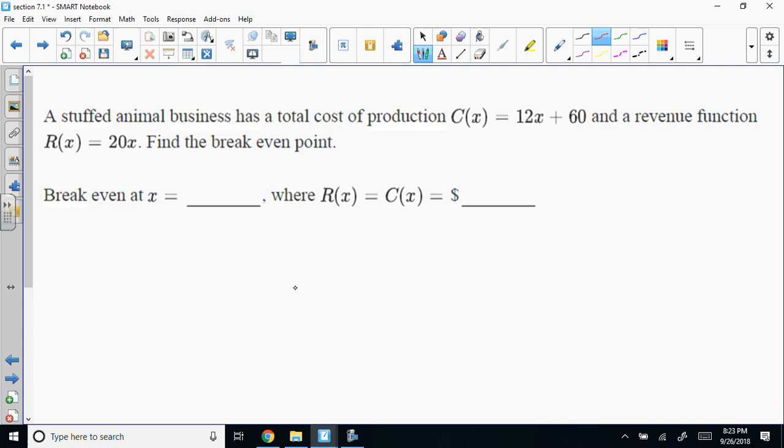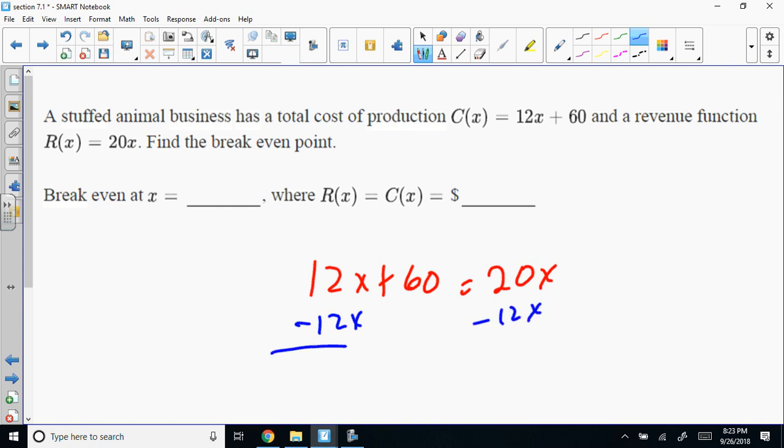So, yeah, we're just going to put 12X plus 60 equal to 20X, right? And, of course, we move that baby over. So 60 equals what? 8X? All right. 8 didn't go into 60.